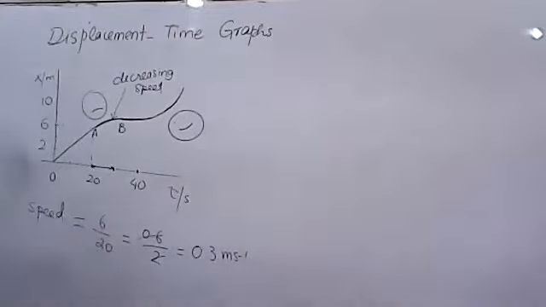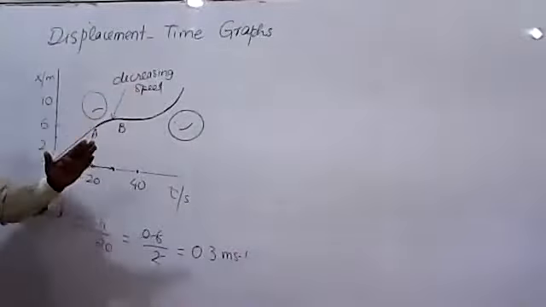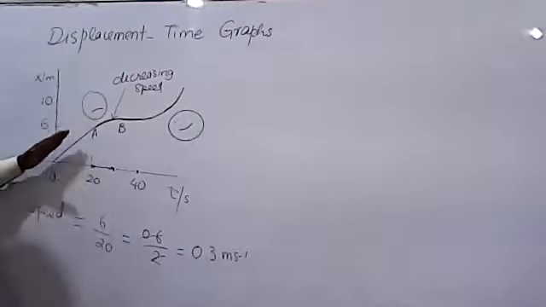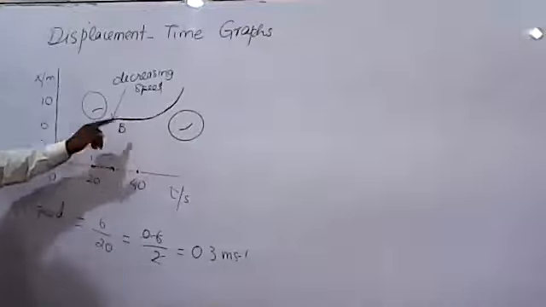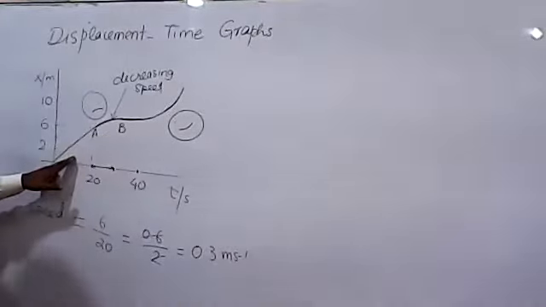So there are 4 different types of curves on the displacement time graph. One is a straight line but with non-zero gradient, then a curve as you have on the sad face, then a straight line but with 0 gradient. This is a straight line and this is also a straight line, but you know the difference. This is 0 gradient, this is non-zero gradient.